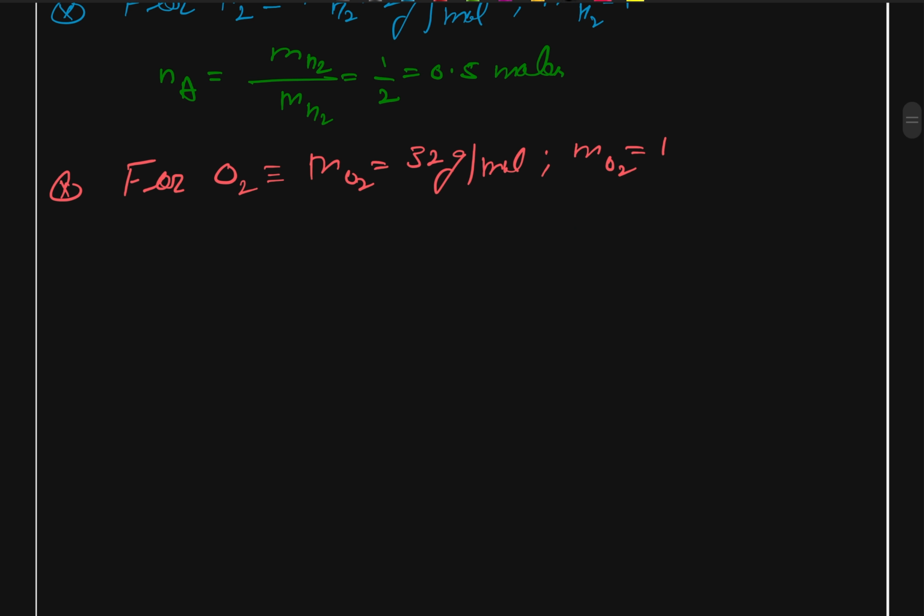Therefore, the number of moles in vessel B, that is nB, will be equal to the given mass of oxygen divided by the molar mass of oxygen, which comes as 1 upon 32.